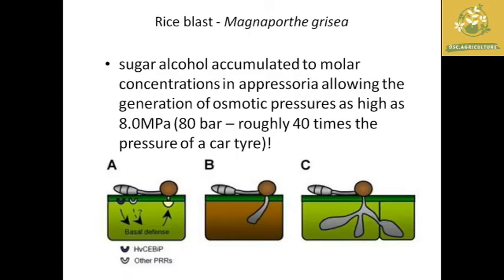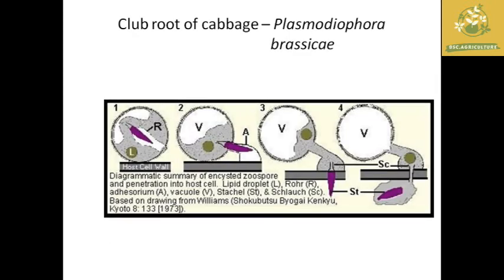They enter into the leaf by giving an osmotic pressure as high as 8 megapascal, which is a pressure of around 80 bars. They give a pressure of roughly 40 times the pressure of a car tyre, so the pressure on the surface is higher when compared to others.